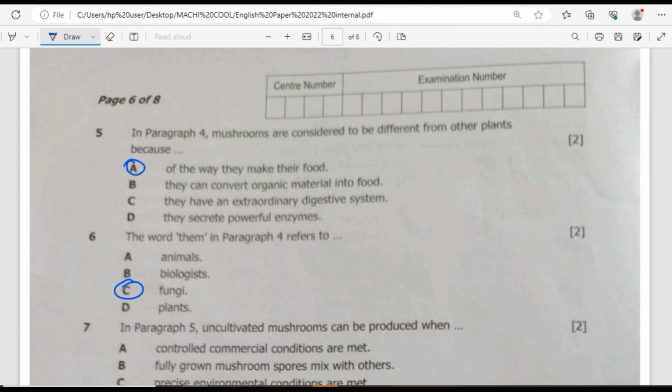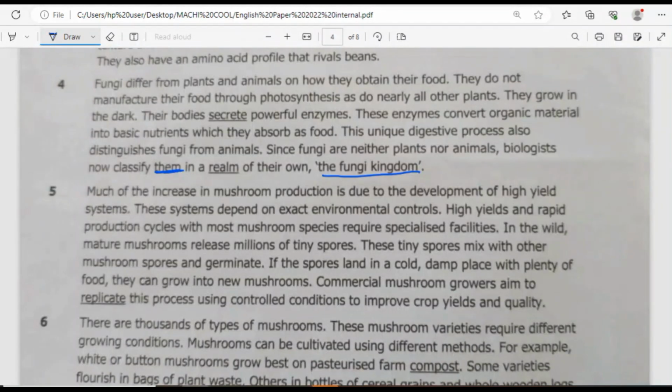In paragraph 5, uncultivated mushroom can be produced when... so we can go to paragraph 5. Much of the increase in mushroom production is due to the development of high yield systems. This system depends on exact environmental control, high yield and rapid production cycles, with most mushroom species requiring specialized facilities.